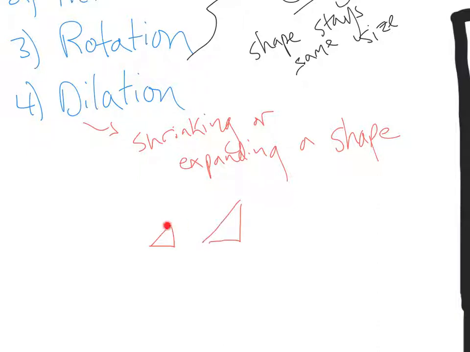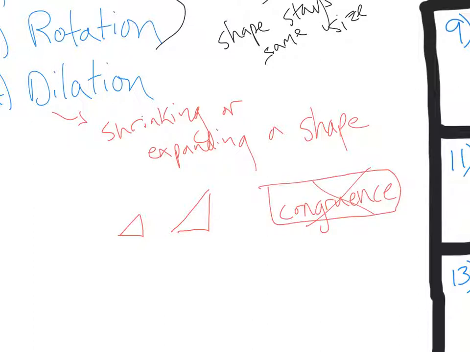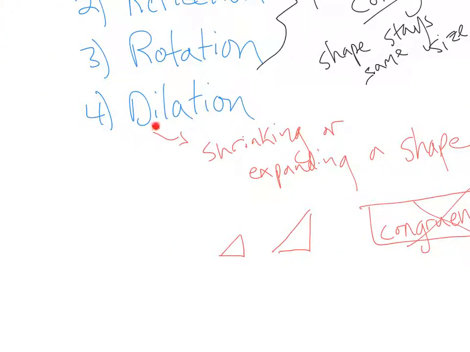So obviously these two shapes are not the same, right? One is definitely bigger than the other. So with a dilation, we do not maintain congruence. We do not keep congruence. We do have similar figures, which we'll explore later, but we do not have congruent figures when we do a dilation. All right, let's go ahead and look at some of the problems from the homework.